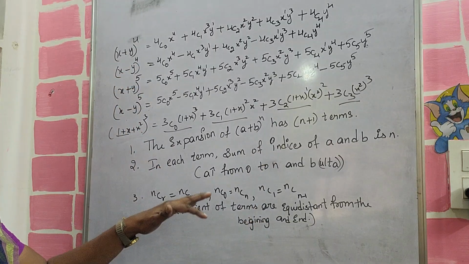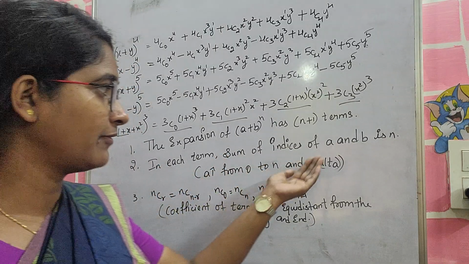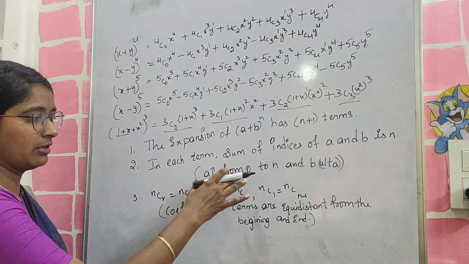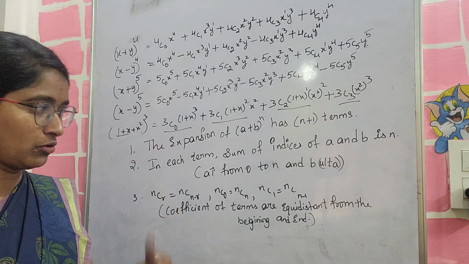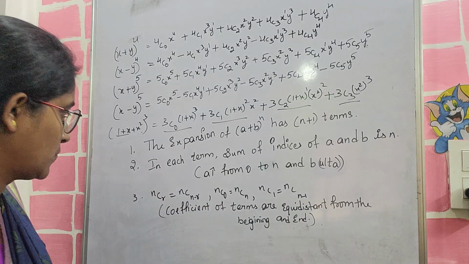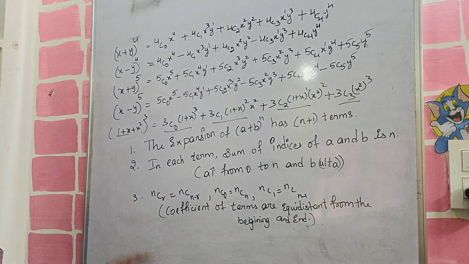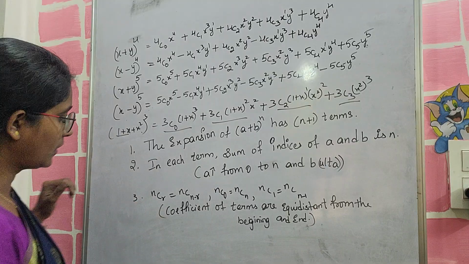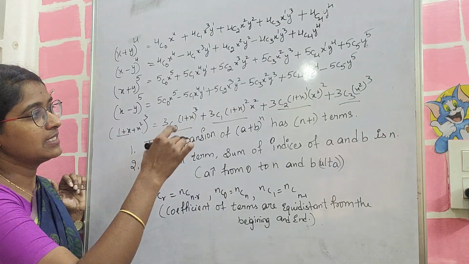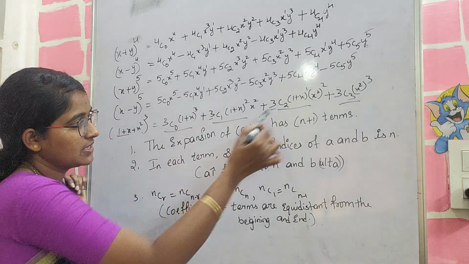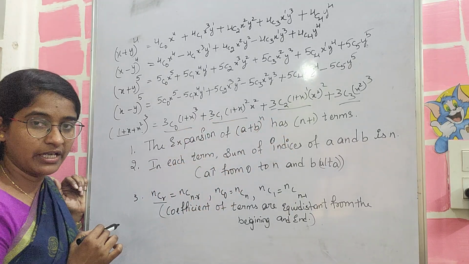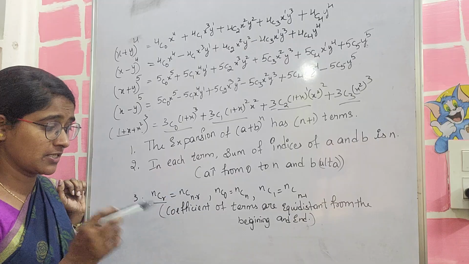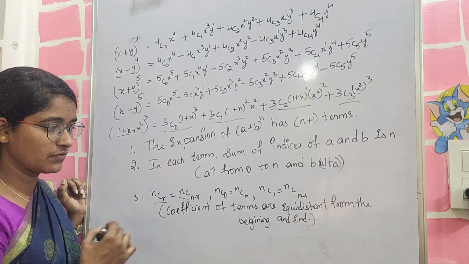In each term, the sum of indices of a and b is n. The power of a goes from 0 to n and b is alternate, which we have seen already. Then nCr: a particular term nCr is equal to nC(n minus r). These both terms' values will be equal.